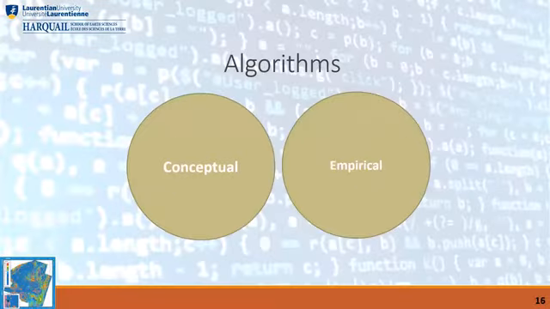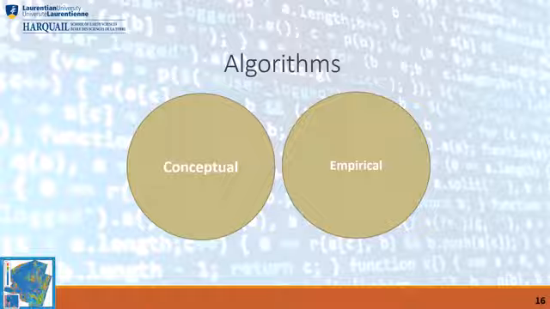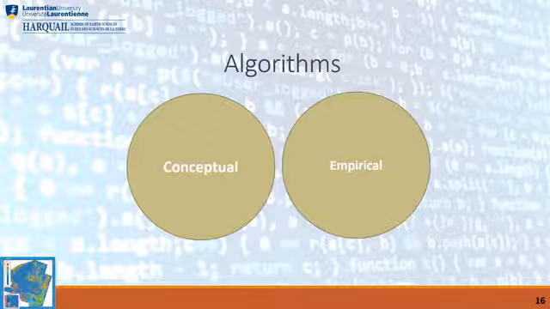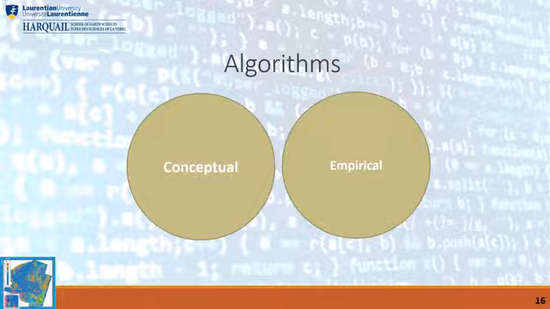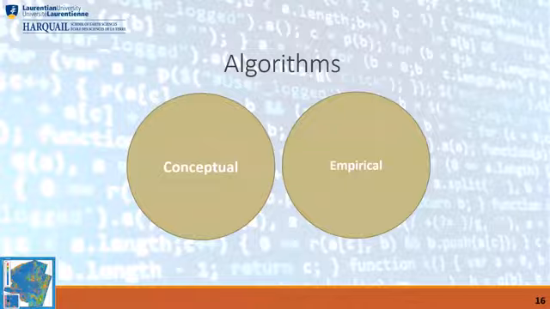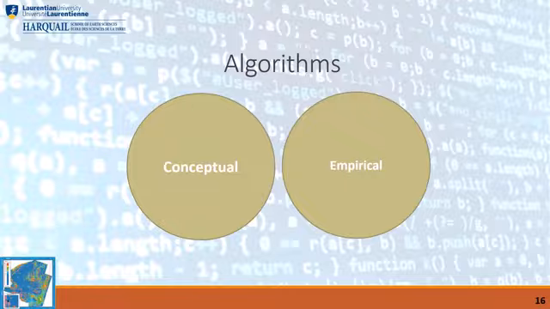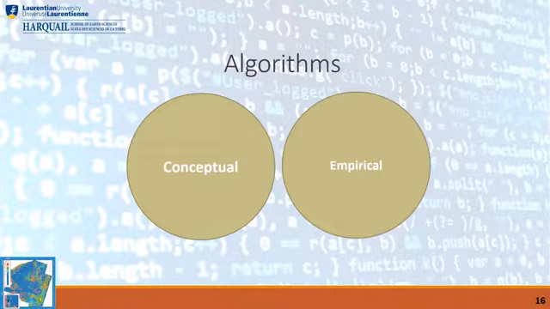As I mentioned before, we have two types of algorithms: conceptual algorithms, and also empirical or data-driven algorithms. Both are really useful, but it is really important where to use them. Empirical algorithms are usually used when we have enough data, and more importantly, enough data to train and validate our models.